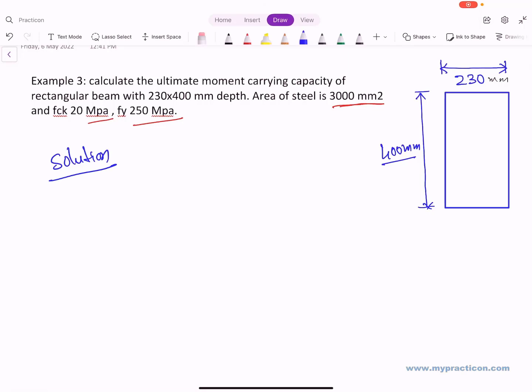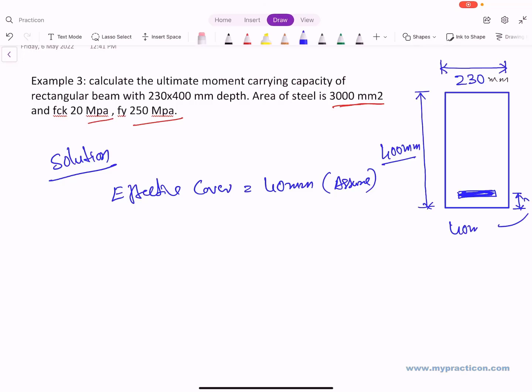So effective cover equal to 40 mm, assume. That means if you have a steel somewhere here, the effective cover from the center of the steel to the edge is 40 mm.